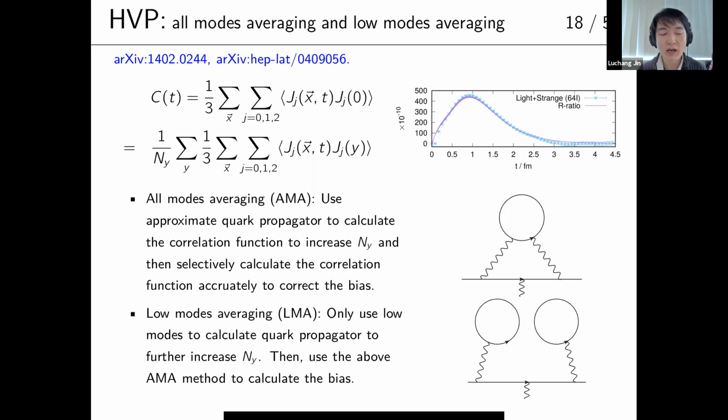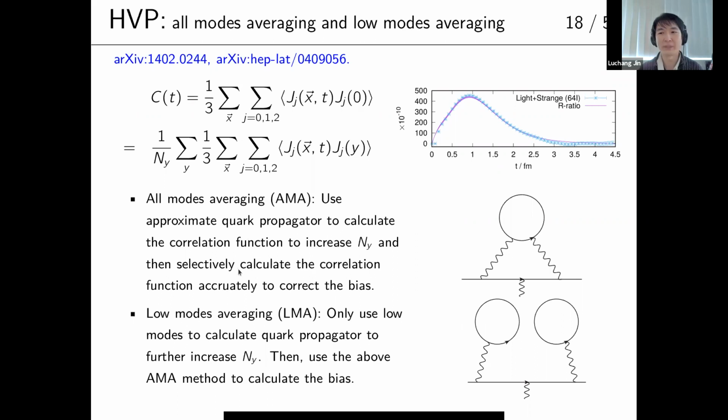So we can approximate the inverse of that matrix using just its most important modes, the low modes. Then with that approximation, we can easily repeat this correlation integration for the entire lattice volume. But then we have a bias, which we correct using the propagators we have calculated in the previous method.